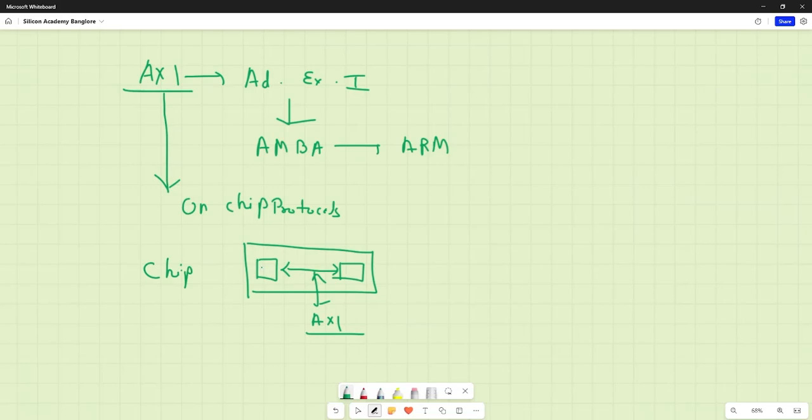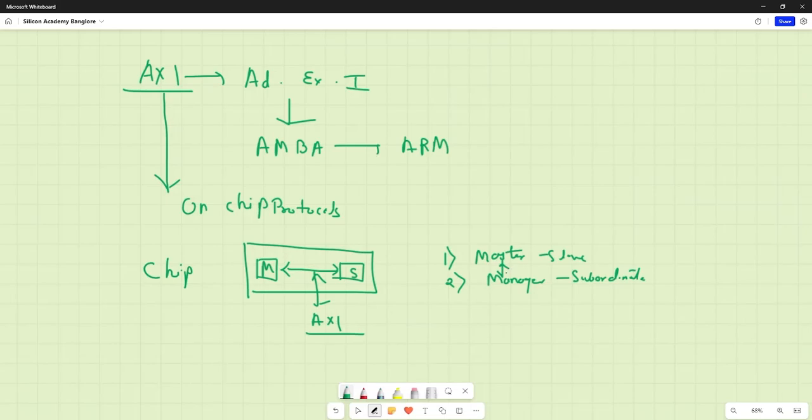One of the devices can be called a master, and the other one a slave. AXI uses master-slave terminology in its earlier specifications, while in the new specification it has been changed to manager and subordinate, without any other change.